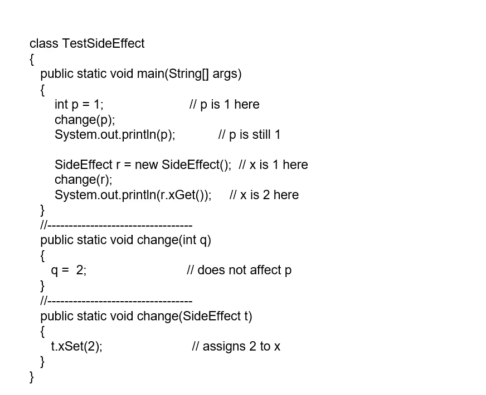All right, so here we have the rest of the program. It's in a class called TestSideEffect. The main method starts out by initializing P to 1, and then it calls change, passing it P, and there's change.